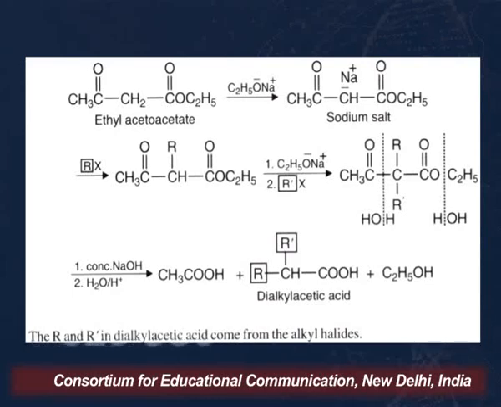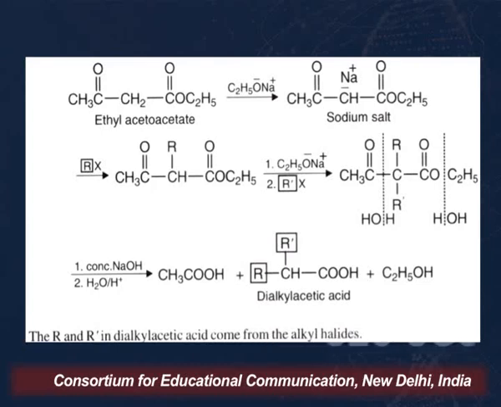So in summary, what you have to remember in this reaction is that first you will convert ethyl acetoacetate into its dialkyl derivative. After you have done that, you will bring about the acid hydrolysis. This is very important. During acid hydrolysis, you will break the bond between the acetyl carbon and the methylene carbon, and then you will break the bond between the carbonyl carbon and the ethoxy group, and you will add OH to both the carbonyl groups.